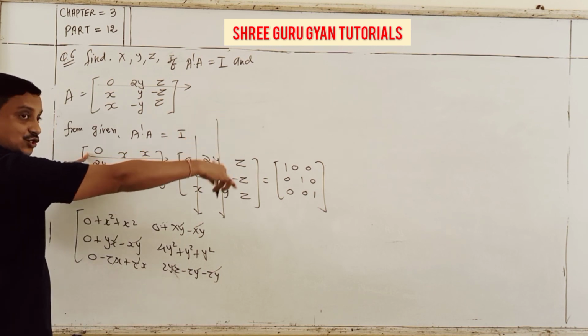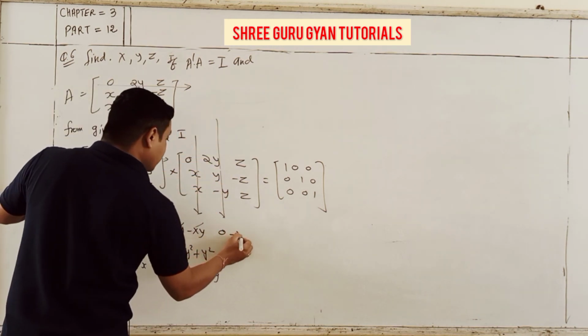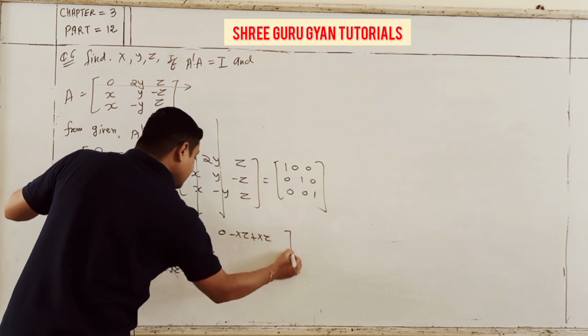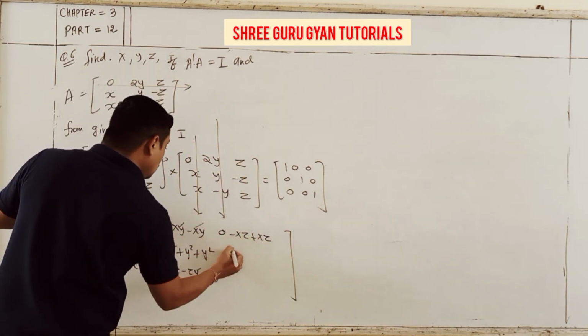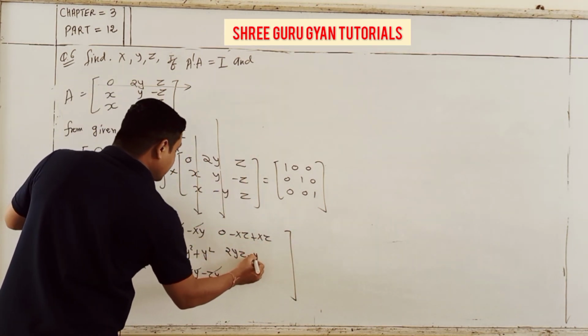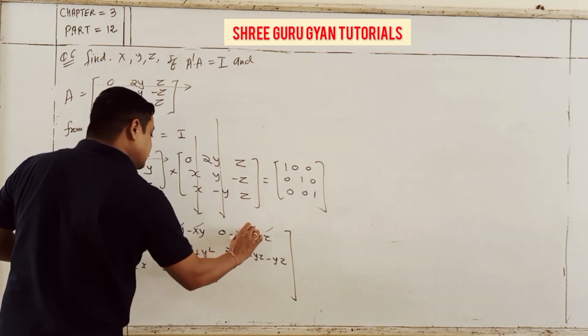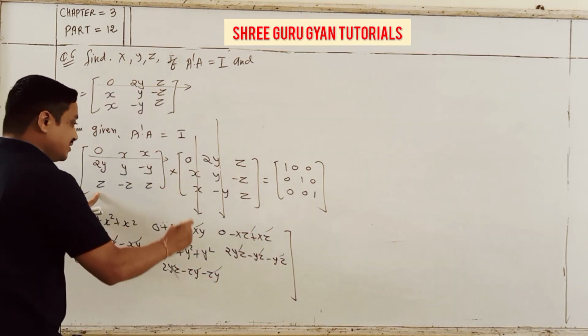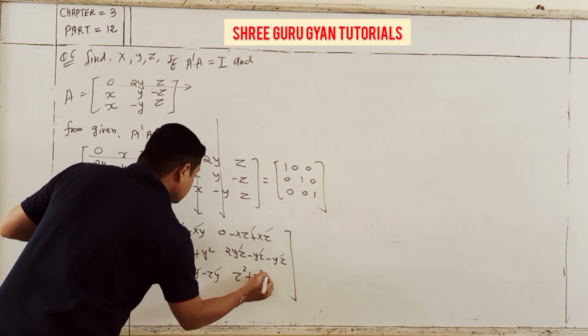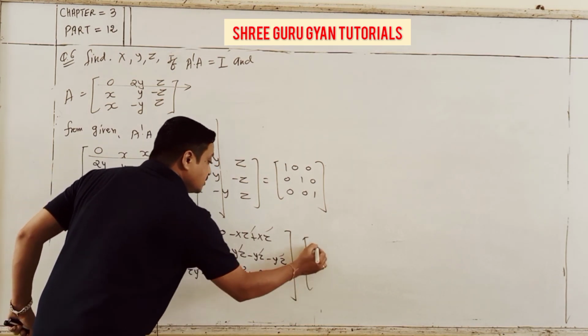And last row, last column: 0 minus xz plus xz, now 2yz minus yz, this also cancels, and lastly z square plus z square.